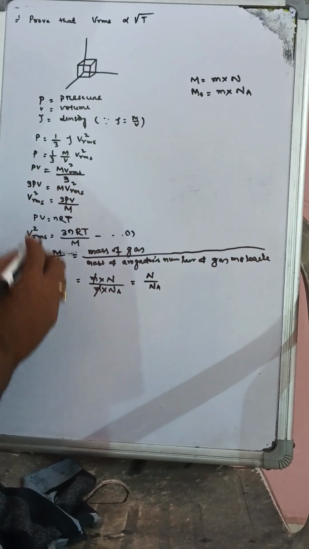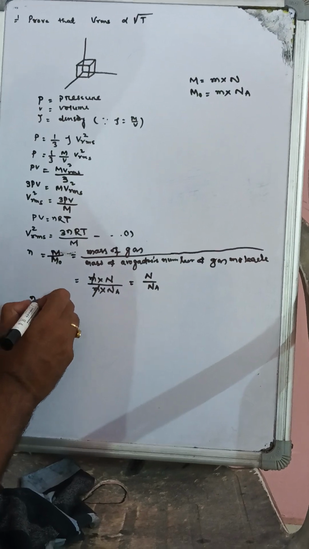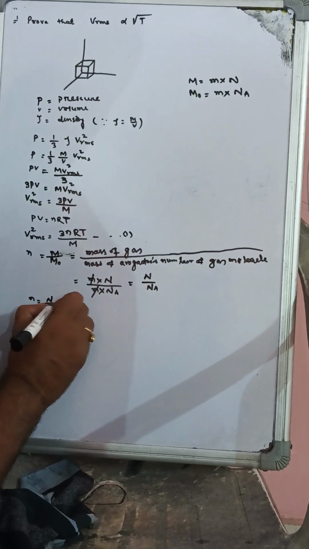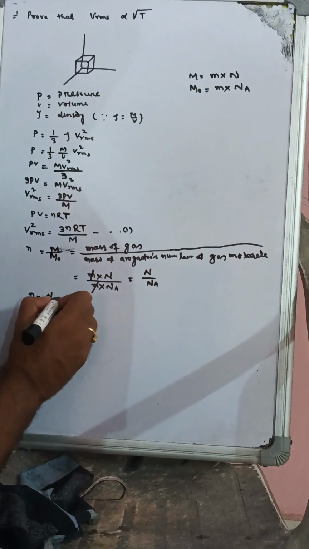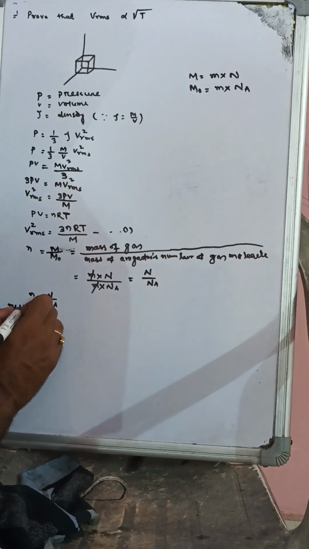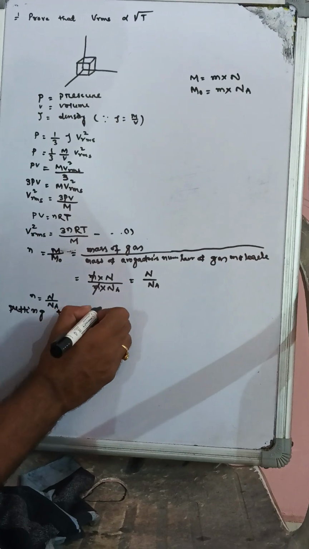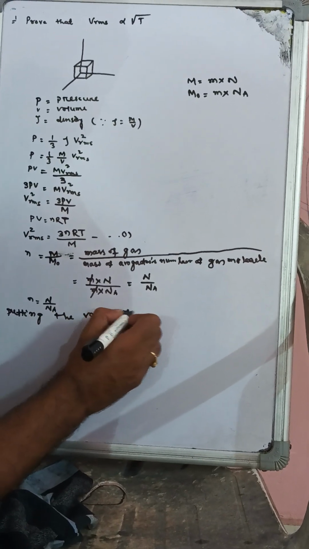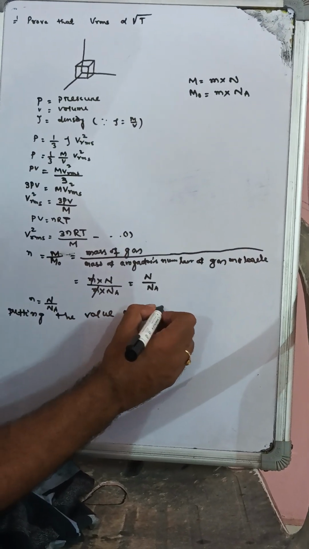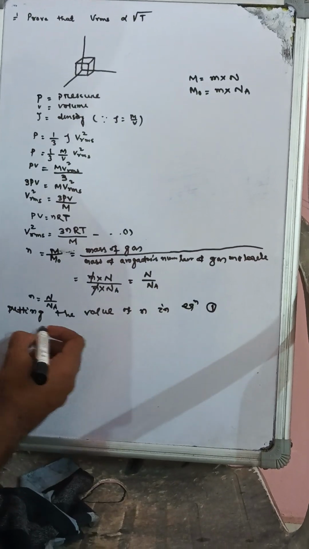Putting the value of n equal to N by Na, putting the value of small n in equation 1, what we get?